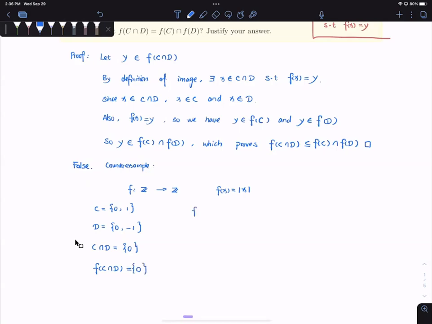However, f of C equals {0, 1}. f of D also equals {0, 1}. So f of C intersect f of D equals {0, 1}. And they're definitely not equal. Okay, that's my counterexample.